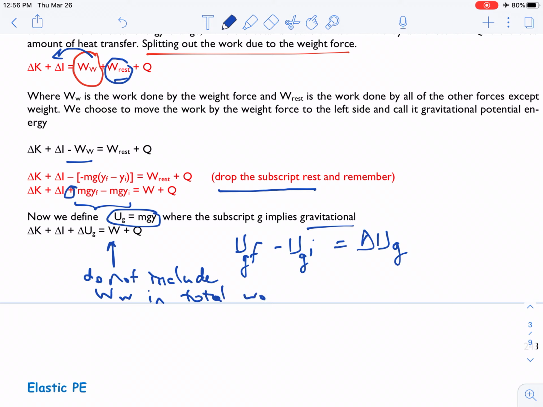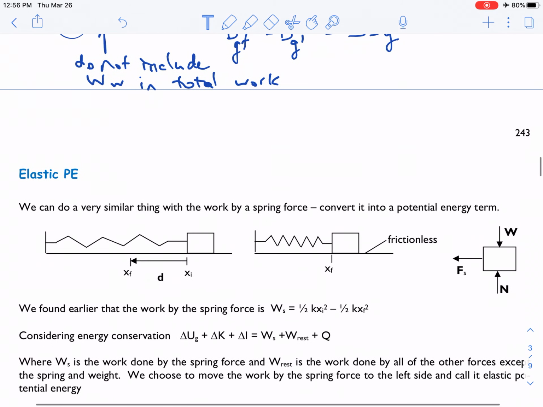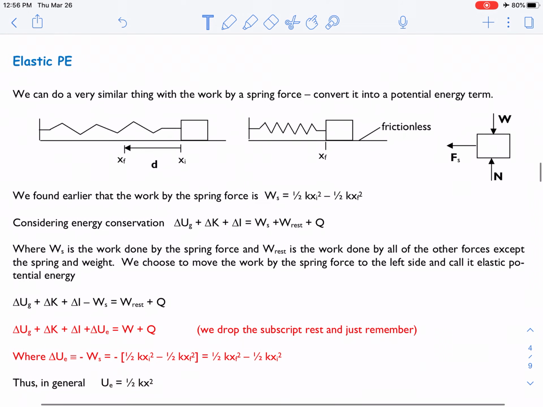It doesn't mean that work done by the weight force is zero. If you have a change in elevation, it is not zero. But when you put it in this equation, you should not double count it because you kept it as delta U_g, and you started from the work by weight force and got to that. Hopefully this nicely shows they are the same thing but with opposite signs, because one is on the right side and the other is on the left.